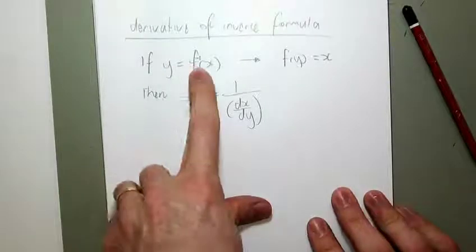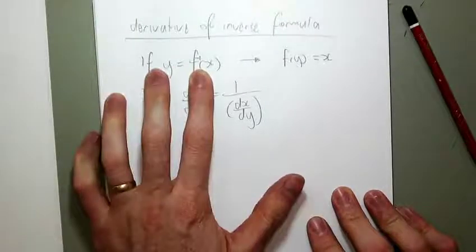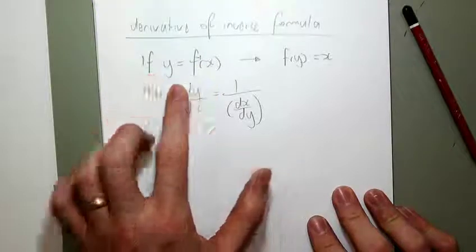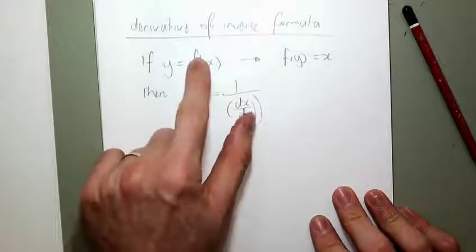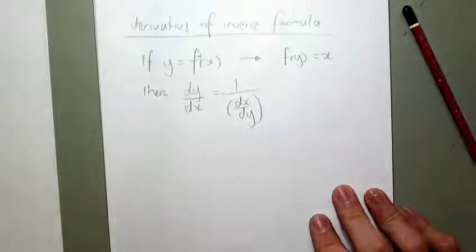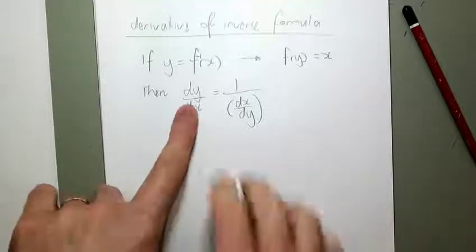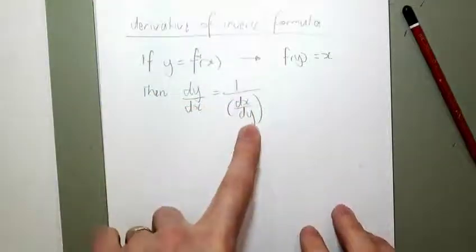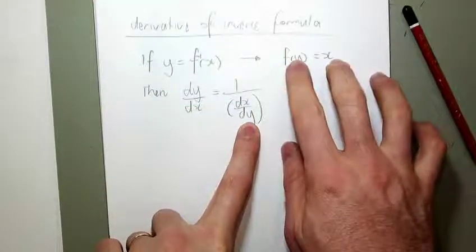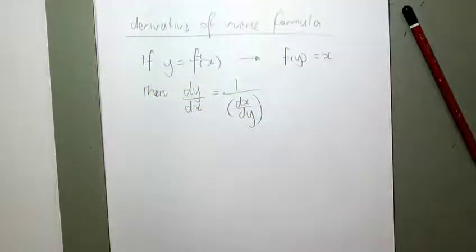So if I do f on both sides, I'll have f of y and f inverse of x. And the f inverse will cancel each other out because that's what they're designed to do. And I will produce f y equals x. And so when I look at this dy on dx, it's the derivative here. And this dx on dy is the derivative here. So that is version 1.